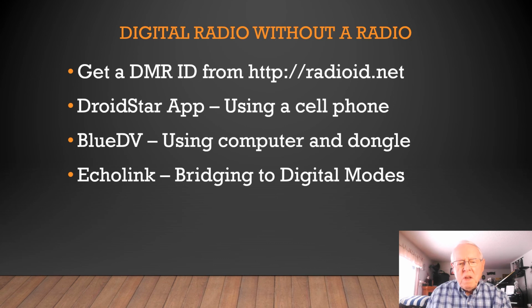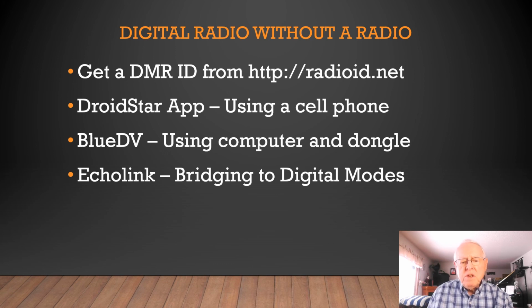Oh, by the way, if you don't have a DMR radio and you want to get on DMR anyway, here's something you can do. You get a DMR ID from radioid.net. Once that ID number has been issued to you, you can download an application for your Android phone.